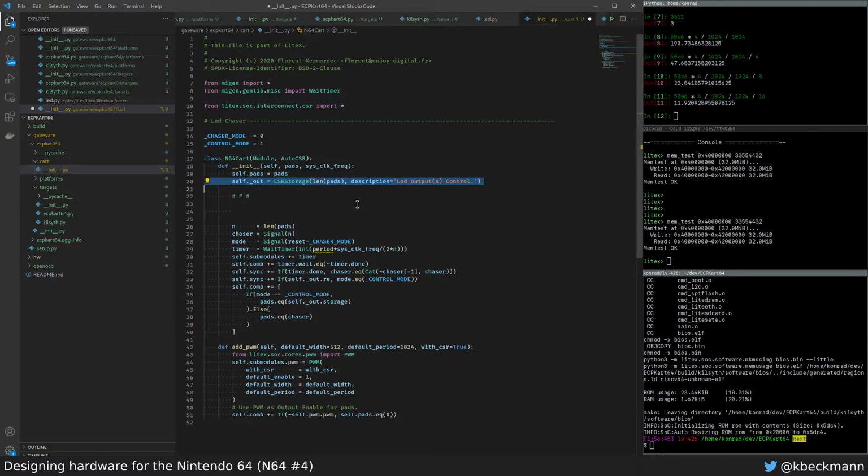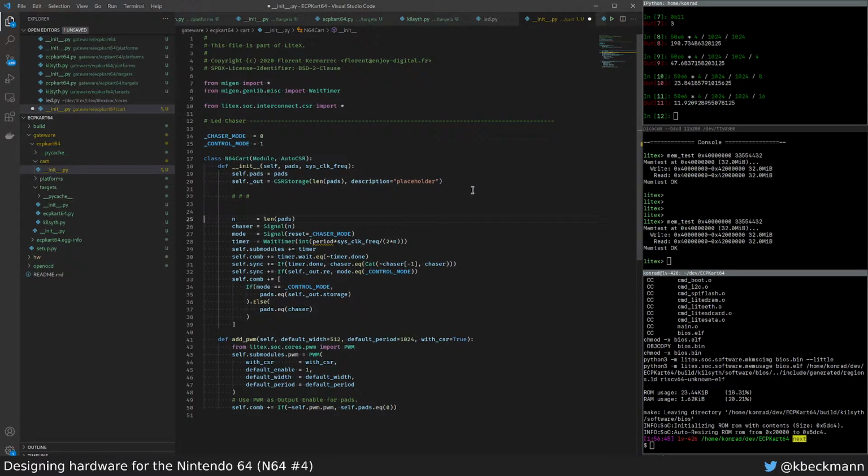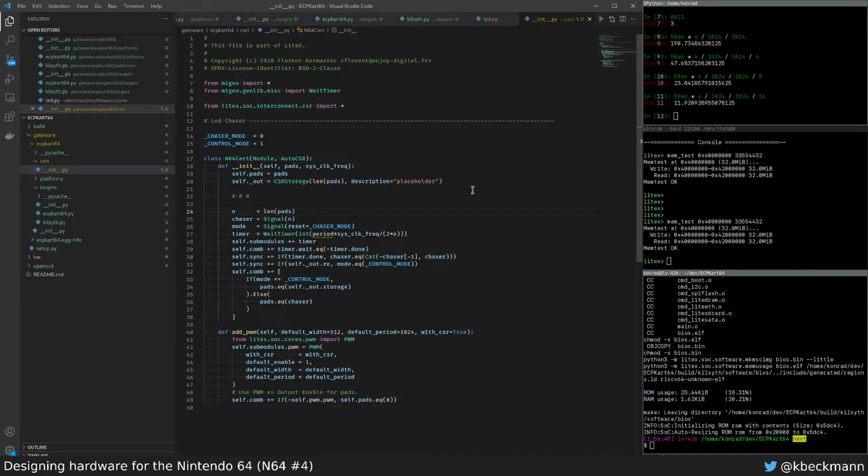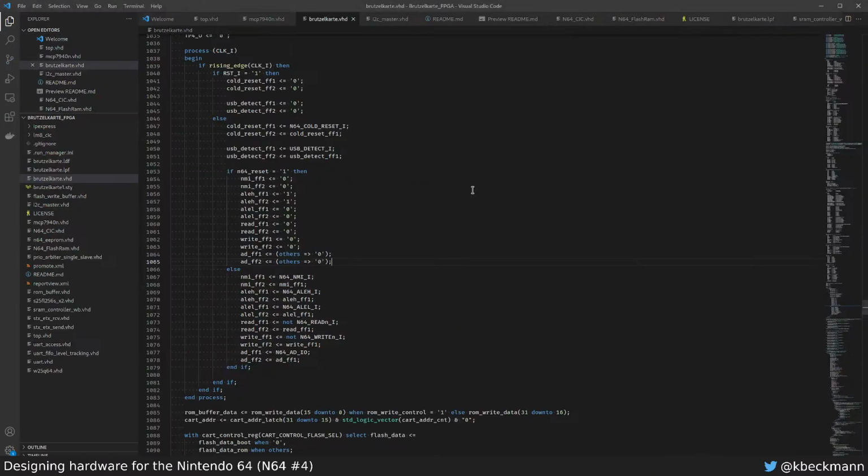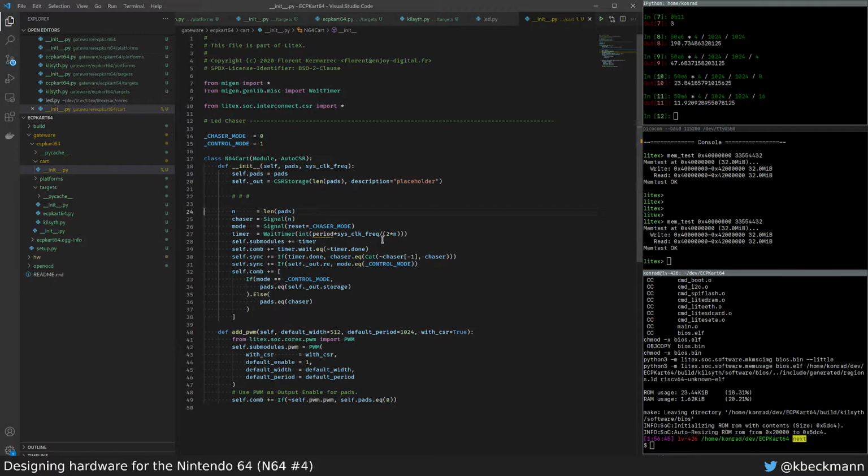Let's not do that. Or I guess we can just keep some placeholder. So what I want to do now is to sort of replicate the initial state of the I/O pins.